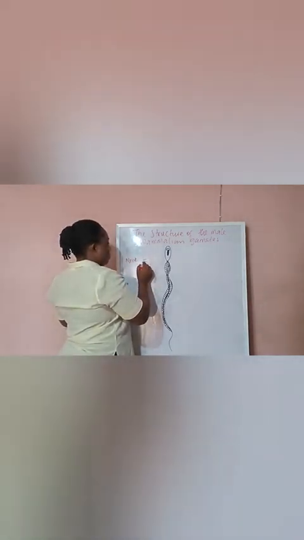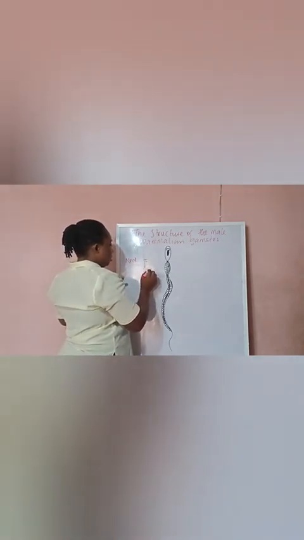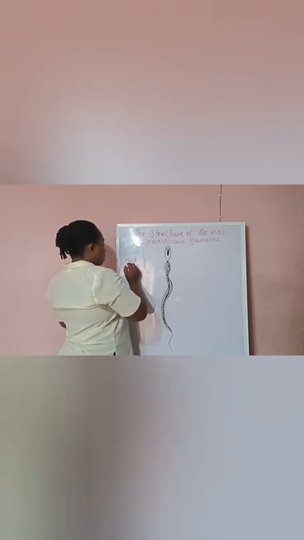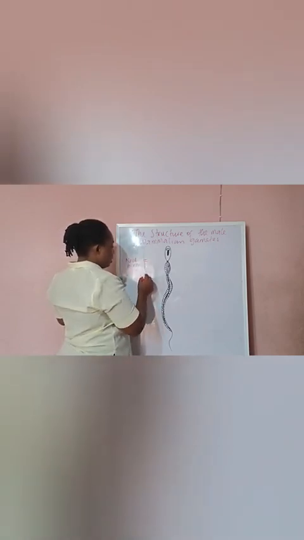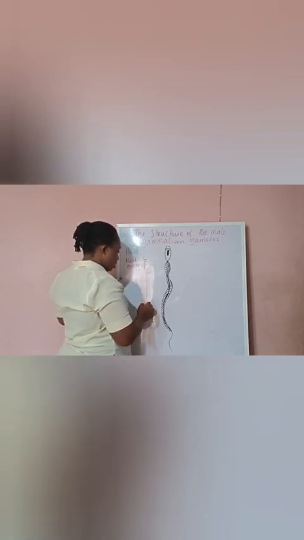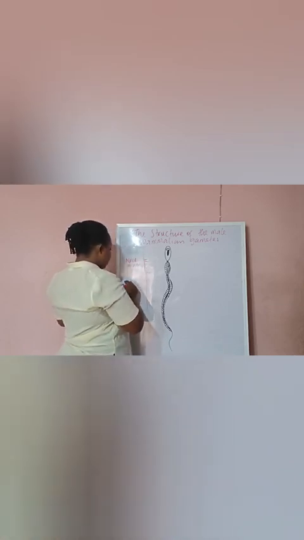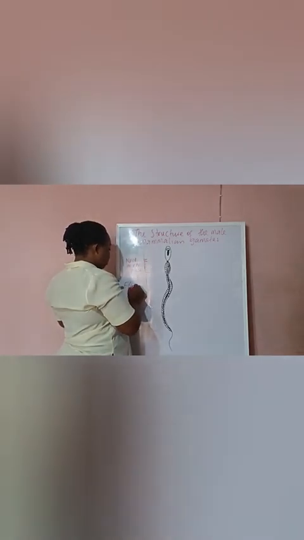Then from there we have this part known as the middle piece. And here we have the flagellum or tail.